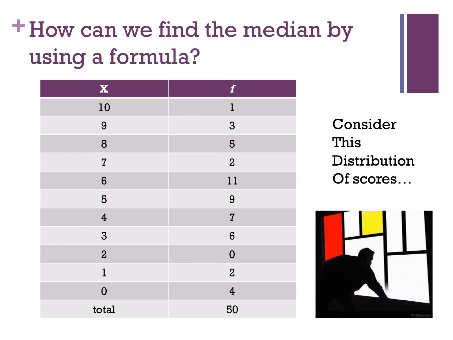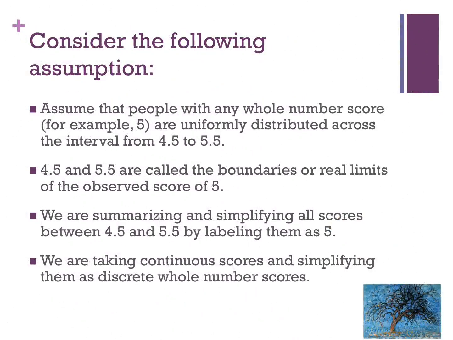How can we find the median by using a formula? Let's consider the following distribution. Consider the following assumption. Assume that people with any whole number score, for example 5, are uniformly distributed across the interval from 4.5 to 5.5. 4.5 to 5.5 are called the boundaries or real limits of the observed score of 5.